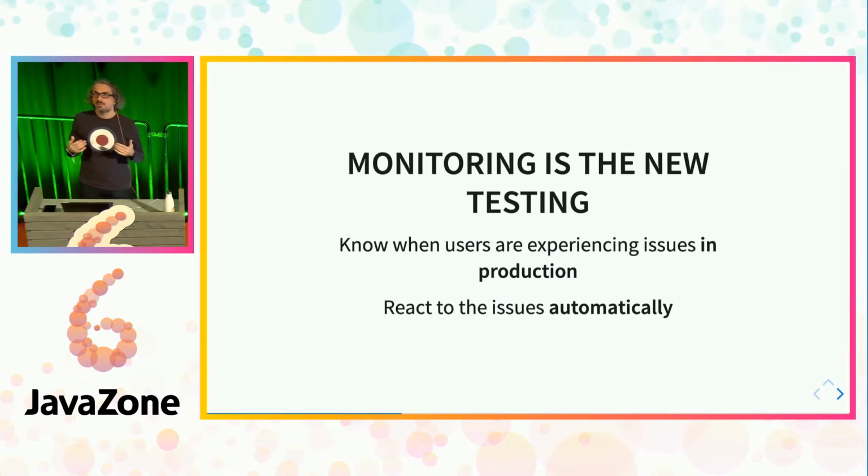So that's why you need to have something that will tell you what's happening wrong in production. There's only so much you can do with testing. And also monitoring will give you the base for the automatic solution of these problems, automatic rollbacks, automatic notifications, things like that.